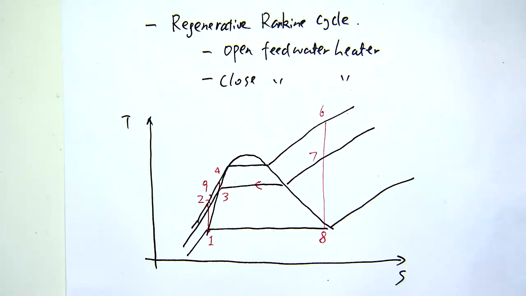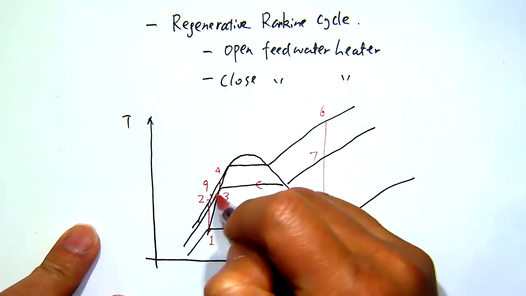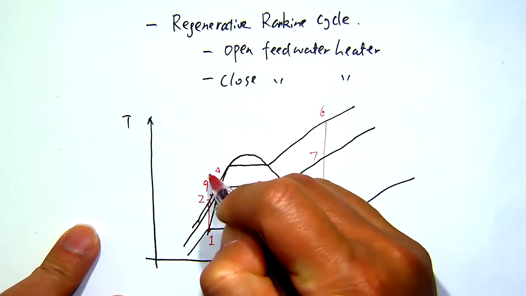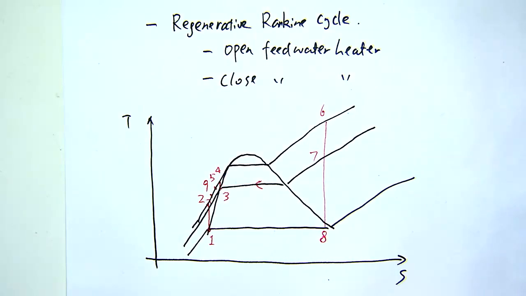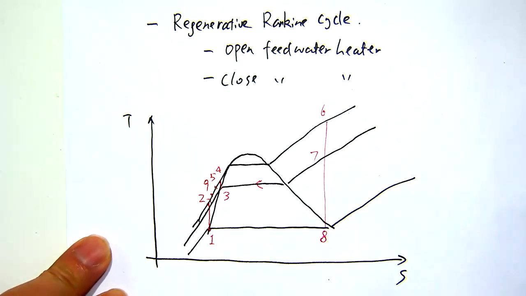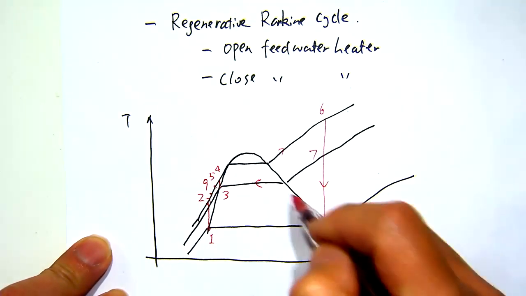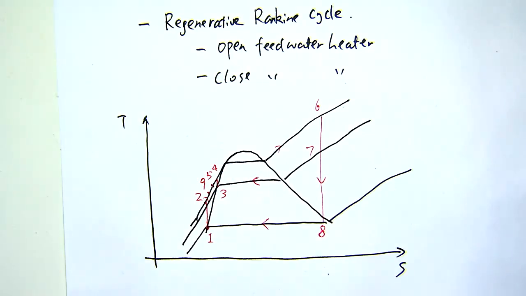You want to put all the water into the generator, into the boiler. So they come together to have the state 5, which is the exit of this mixing chamber. Then that's the inlet of the boiler. So the state 5, that's the inlet of the boiler. Then they're going to the state 6, and like this.